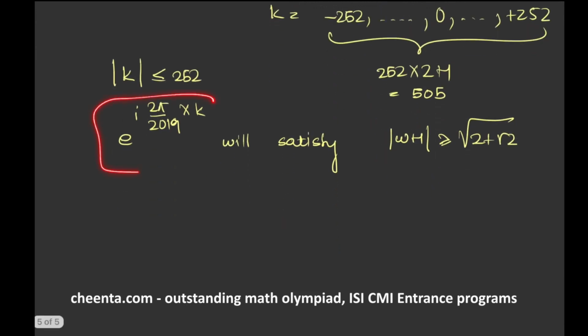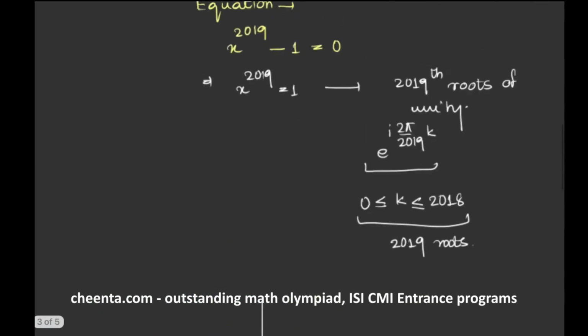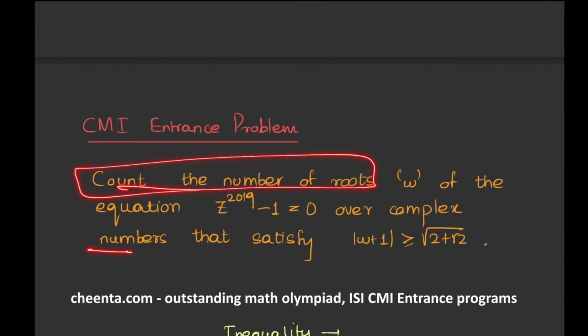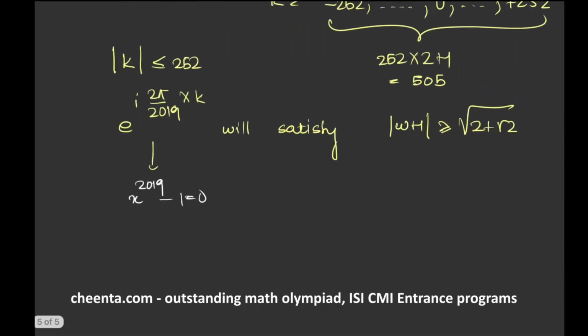And since these are also the solutions to x to the power of 2019 minus 1 equals 0, these are all the possible solutions. So our question, if you remember, was asking for the number of solutions. So our answer is precisely 505.